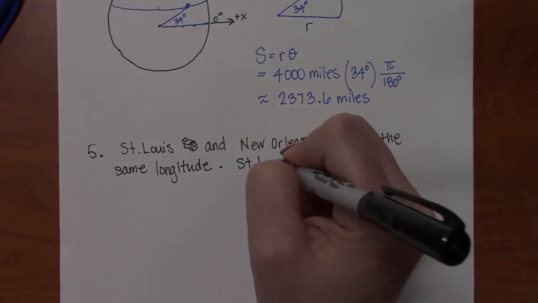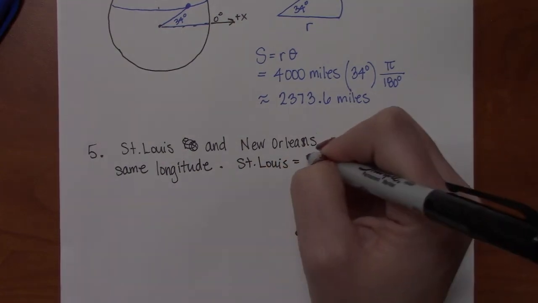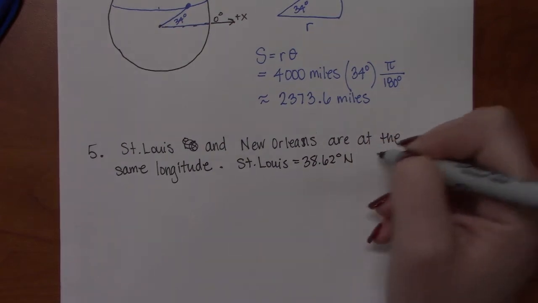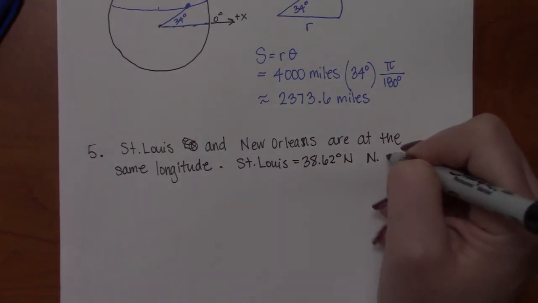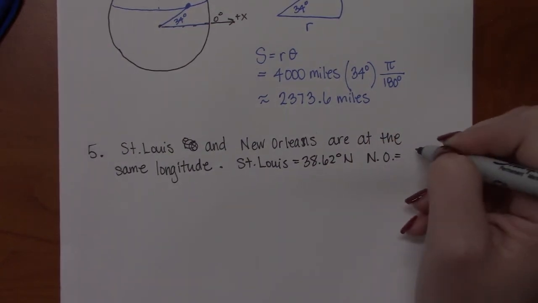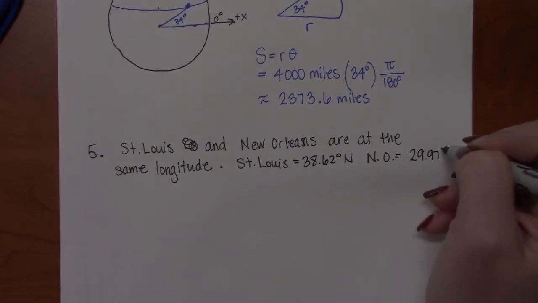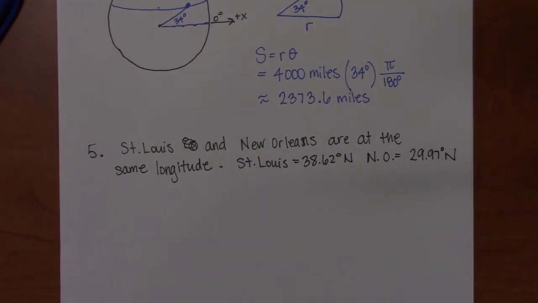However, St. Louis is at latitude 38.62 degrees north, and I'm going to abbreviate New Orleans as NO, right? New Orleans is at 29.97 degrees north. And we want to know how far apart are they from each other.